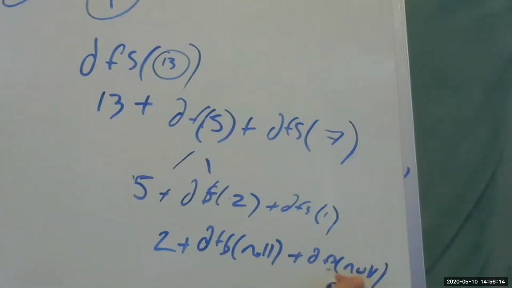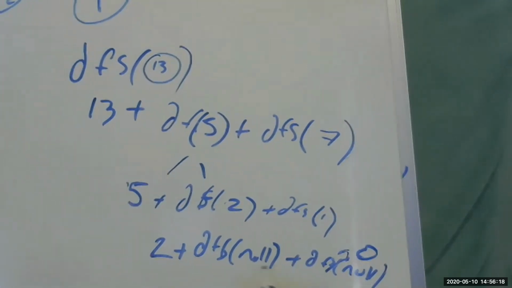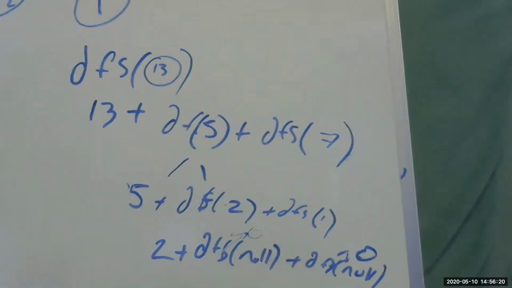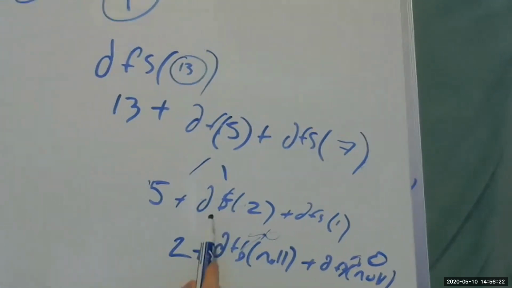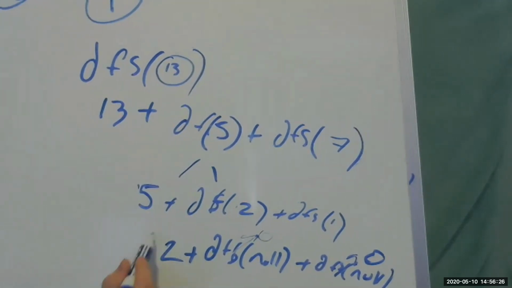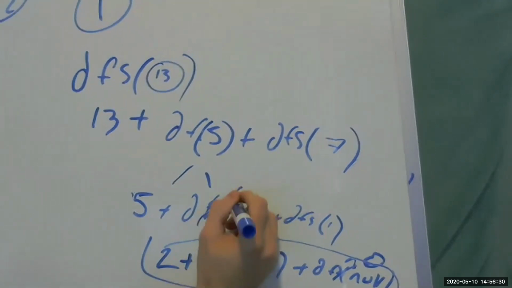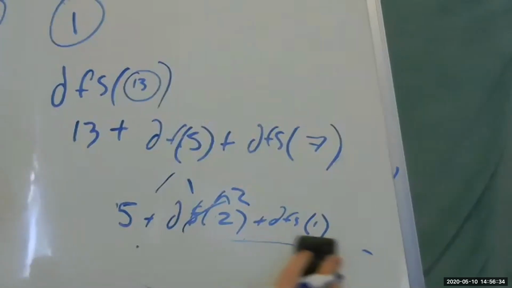This becomes 0 and this one becomes 0. So now the call of DFS on 2 returns whatever this evaluates to, which is 2.